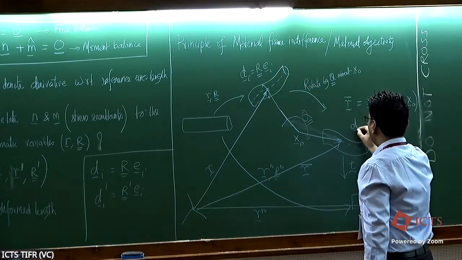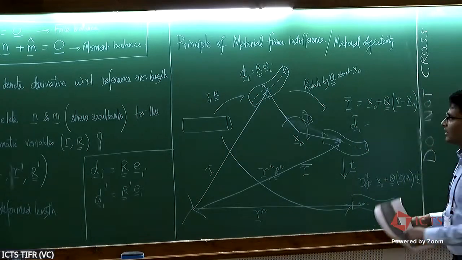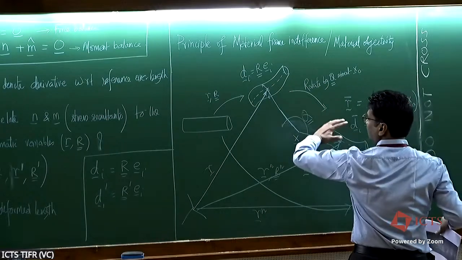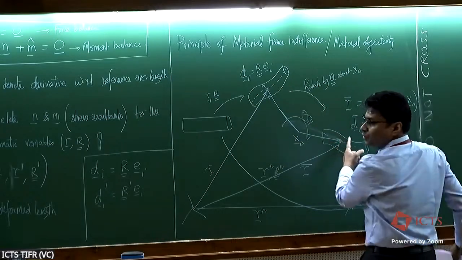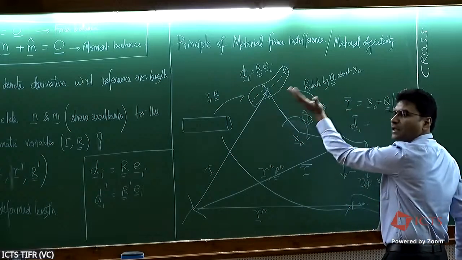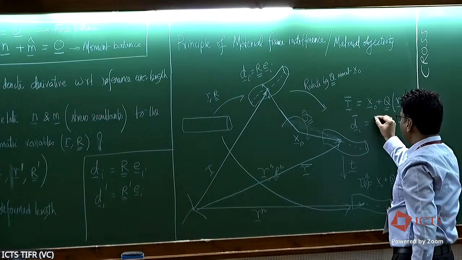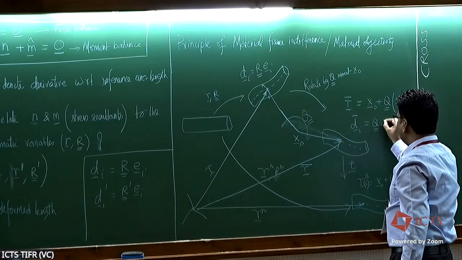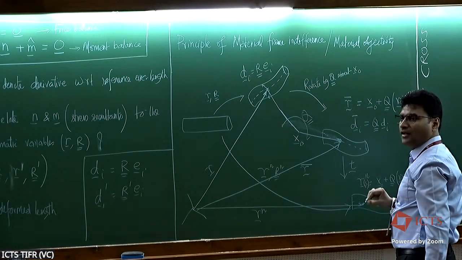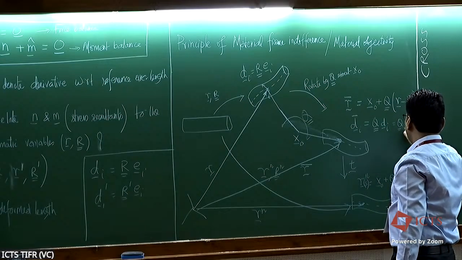What is di bar? See, because it has rotated, so di bar you can get through rotation of di through that same map Q. So di bar is Q times di, which is Q R ei.